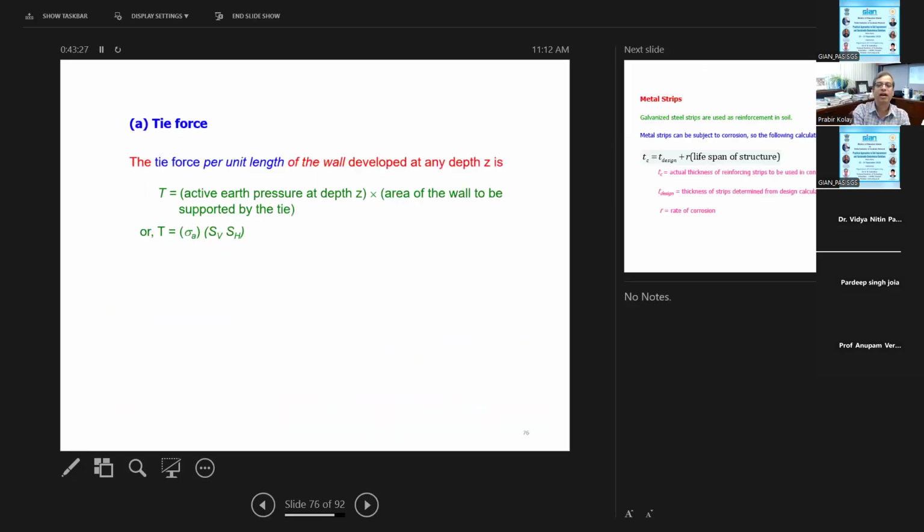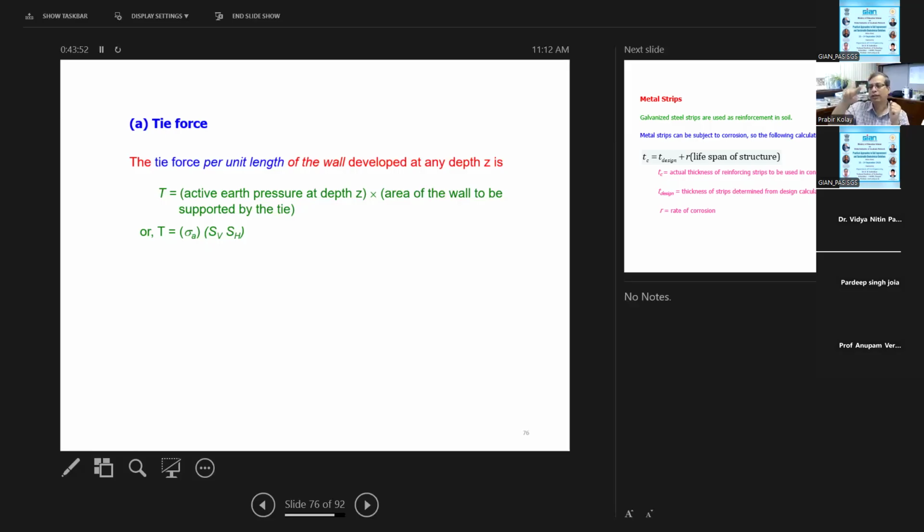So here, the first thing is you need to know the tie force. How much is the tie force developed on this? It depends on the active earth pressure and the area of the wall to be supported by the tie. So again, you need the retaining wall design. When the wall is moving out from the soil, that is the active pressure, and the pressure distribution is like a triangle.